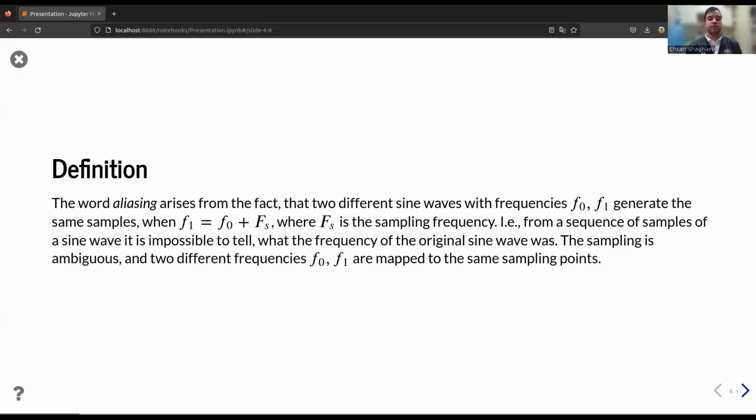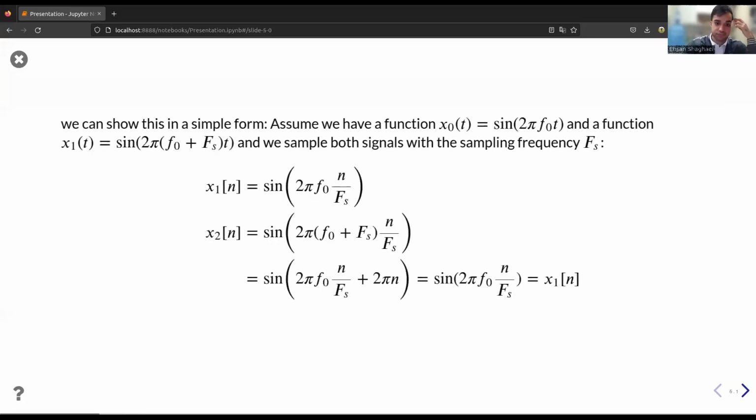Then we would have ambiguous samples which map to the same sampling point. This is exactly where aliasing happens.